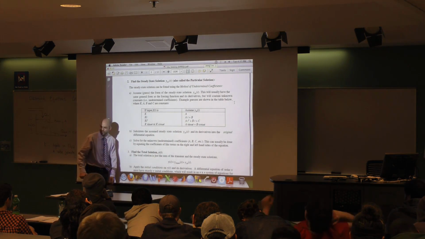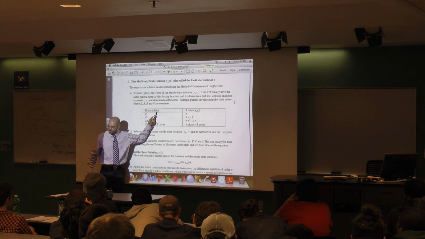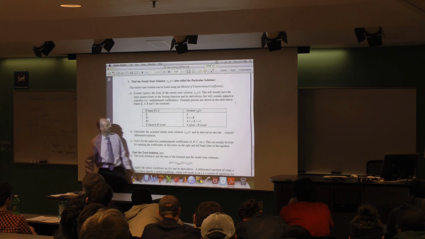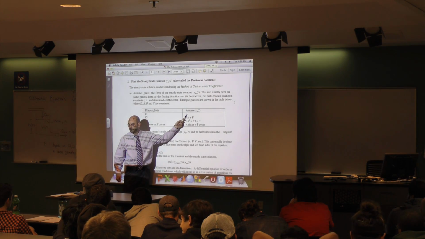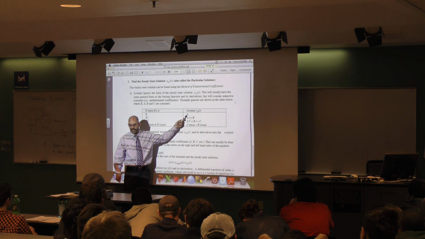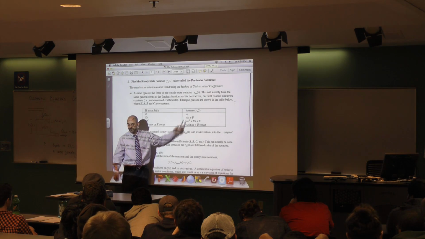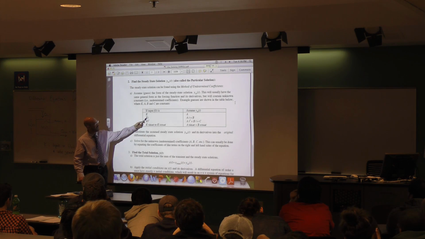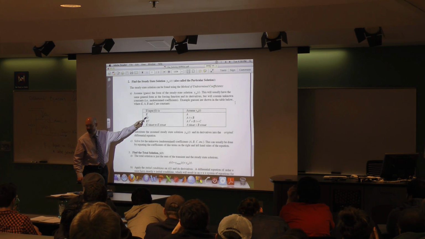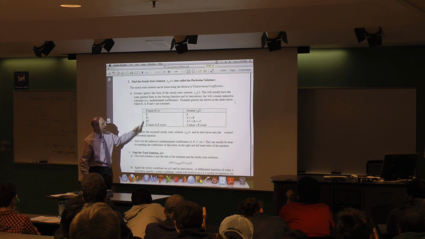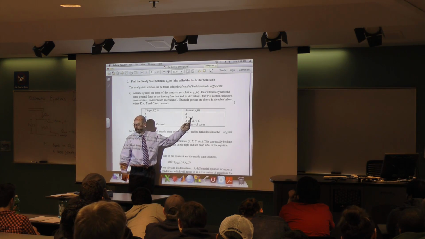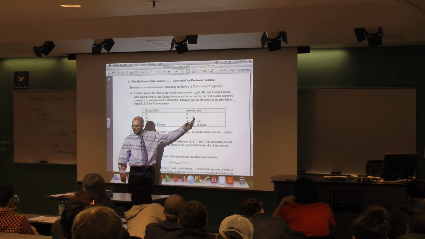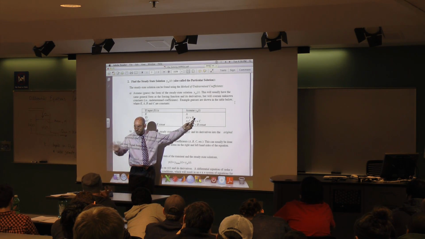I'm trying to find what gives me f. So here's how you do this. You take a look at the f, and you say, well, if the forcing function's constant, then why don't I just assume the steady state solution's a constant, plug it in, and see what I get. If the input function is linear, t to the first power, why don't I assume the most general linear function I can have, y equals at plus b, with a and b not known yet.